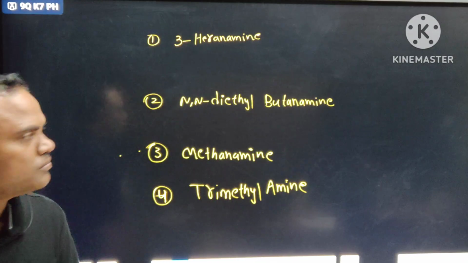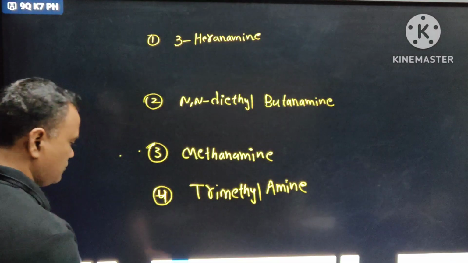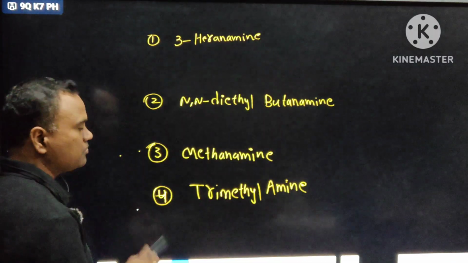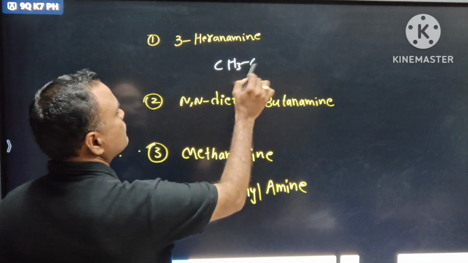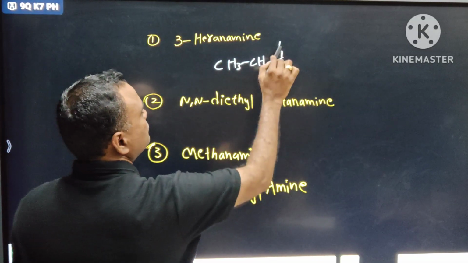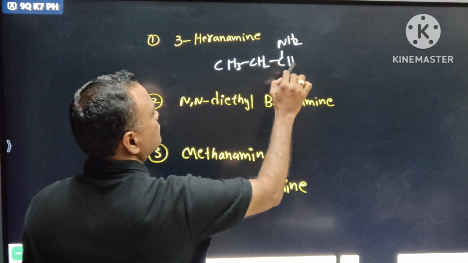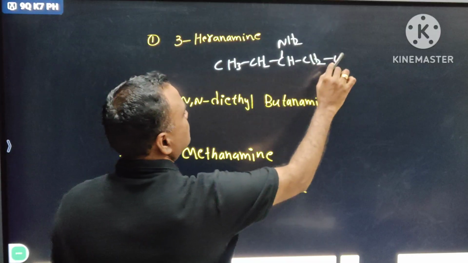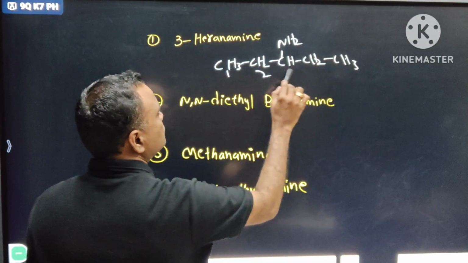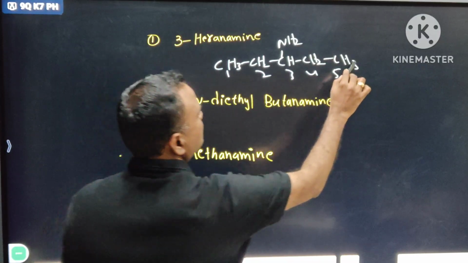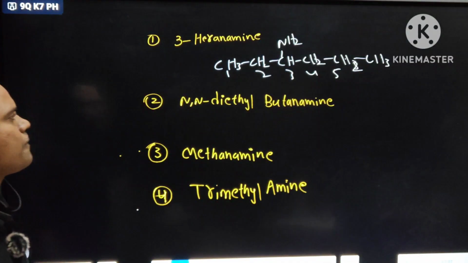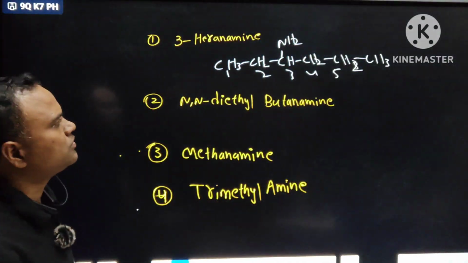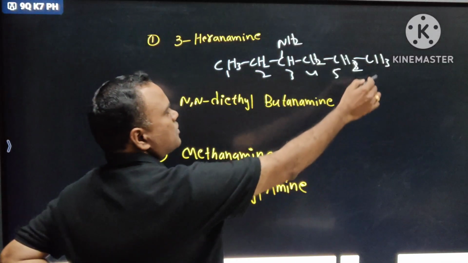The 4th one I left. At 3rd position, amine. 1, 2, 3, 4, 5. Another carbon. Right. Hexanamine. 3-methyl hexanamine. Total 6 carbons.